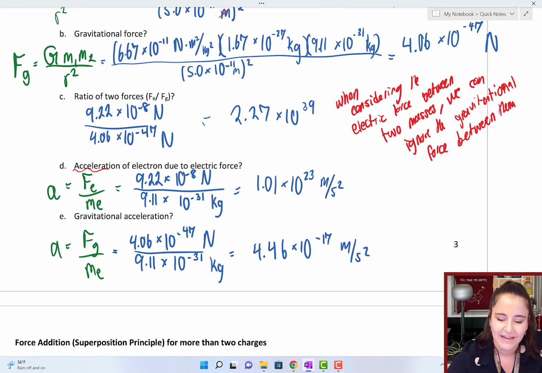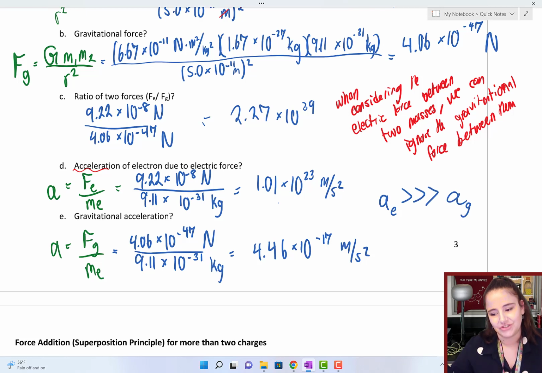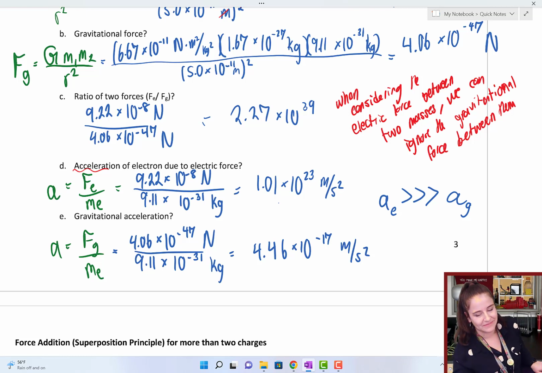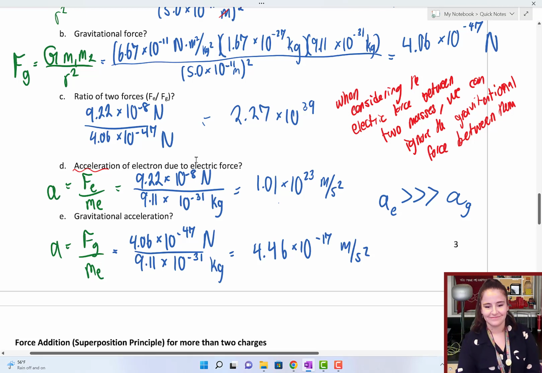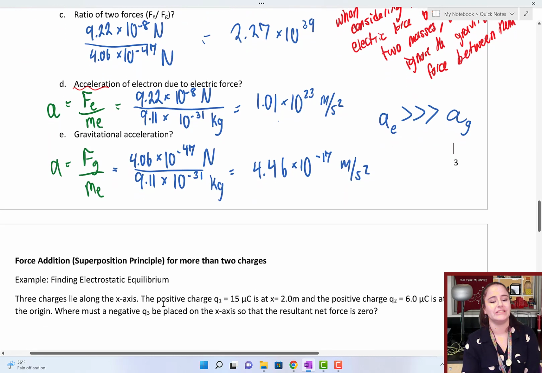So we can tell that the acceleration due to the electric force is much, much, much greater than the acceleration due to gravity. That is why we can ignore the acceleration due to gravity. Now, let's get into force addition.